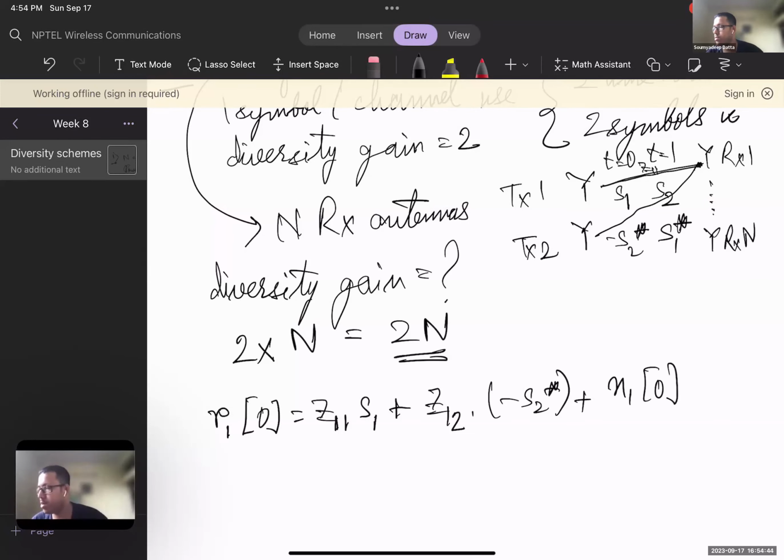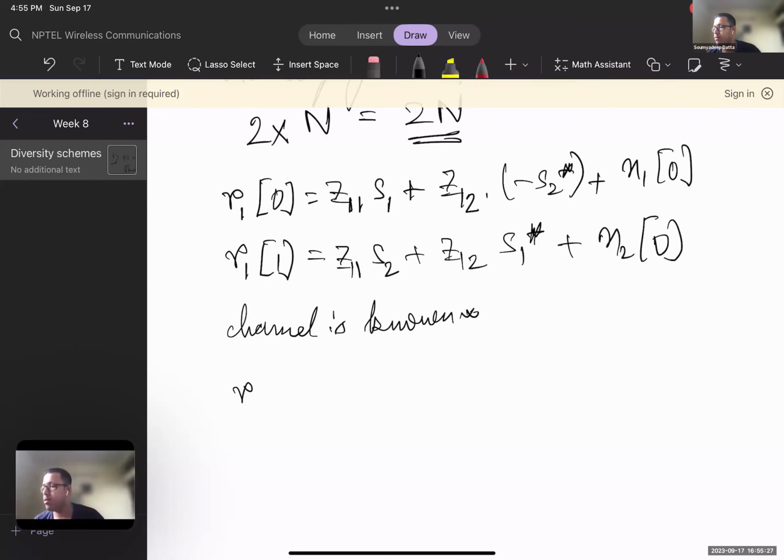So I can get a combined effective receive signal for antenna 1. I'll do a trick here.